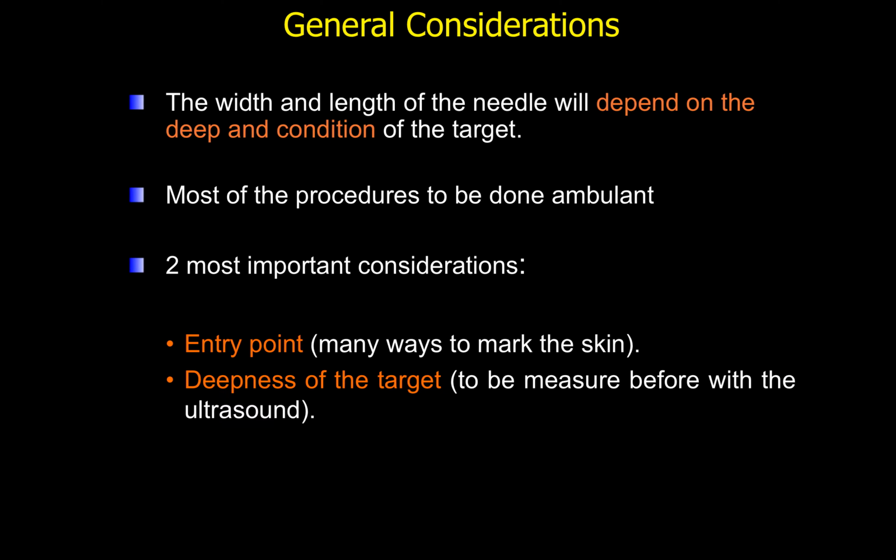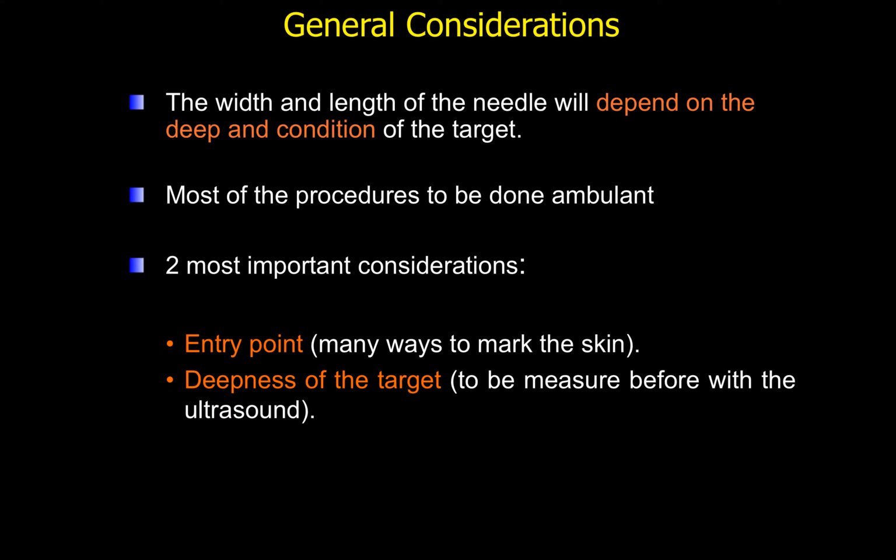When we make injections, the most important general consideration is to control the width and the length of the needle. That really depends on the depth and the condition of the target.